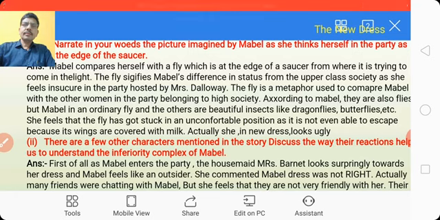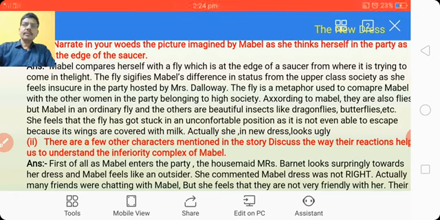Mabel feels insecure in the party hosted by Dalloway. The fly is a metaphor used to compare Mabel with the other women in the party belonging to the high class.